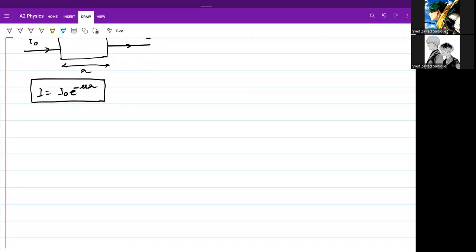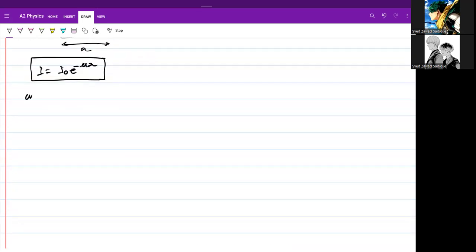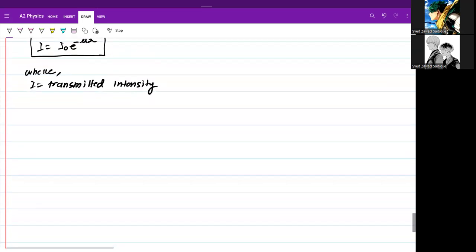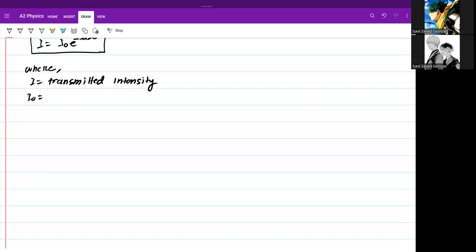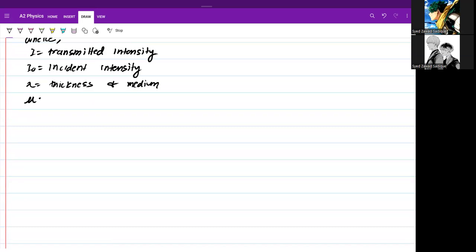Where I is the transmitted intensity, I naught is the incident intensity, x is the thickness of the medium, and mu is the linear absorption or attenuation coefficient.